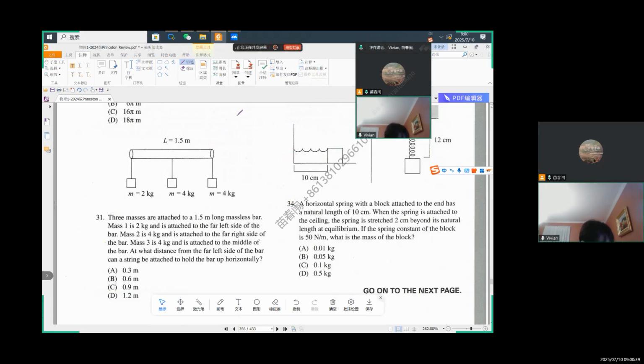If you have some kind of a rotation feeling, then you can always use sigma torque, which means clockwise equals anti-clockwise. Sometimes we write clockwise before, anti-clockwise before. This is also okay. But you should also find sigma F is 0. So we just have a system of equations. This is very common in this kind of situation.